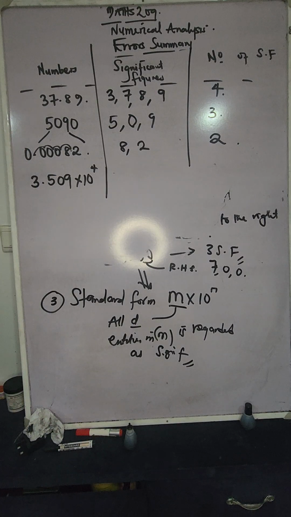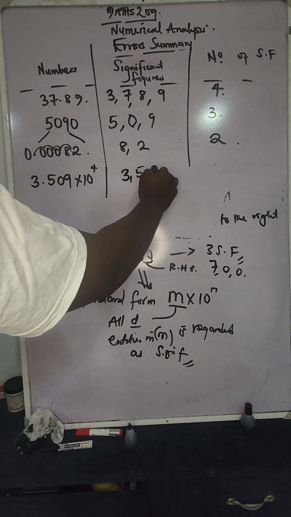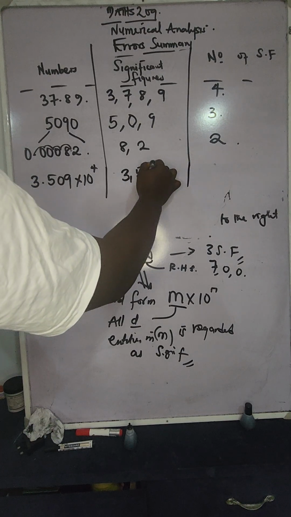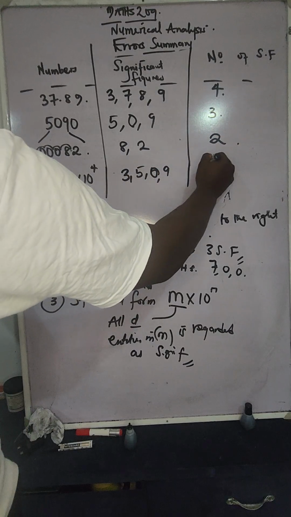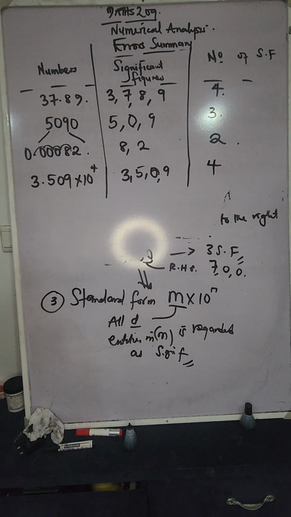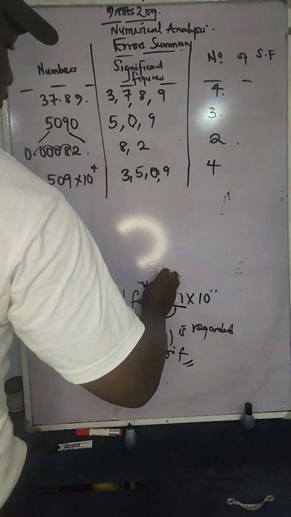So the significant figures here are 3, 5, 0, and 9. So we have 1, 2, 3, 4: 4 significant digits. This has given us a solid background of what significant figures look like and how we solve problems in significant figures.